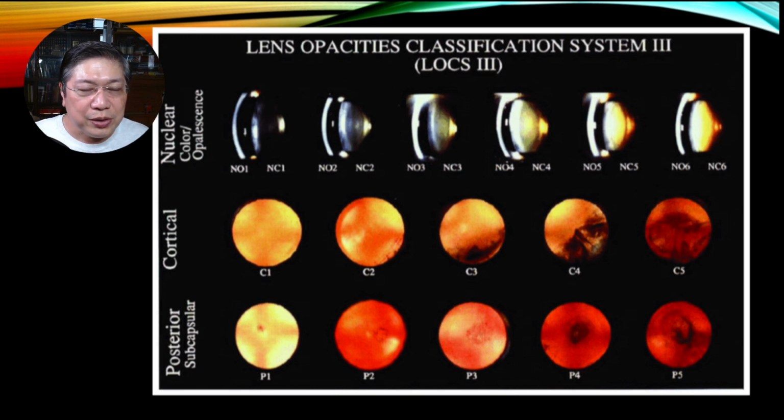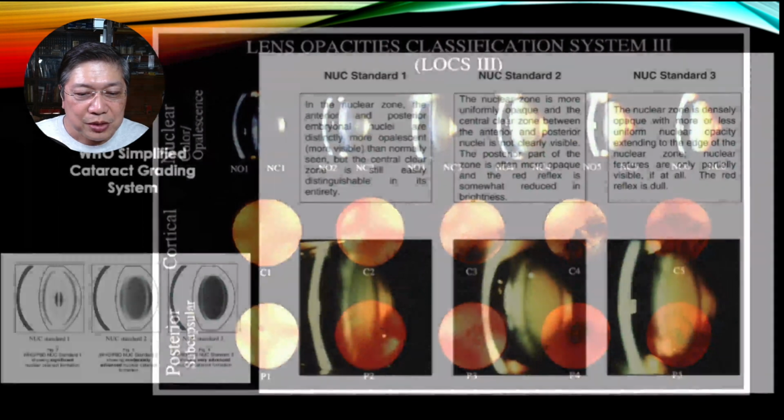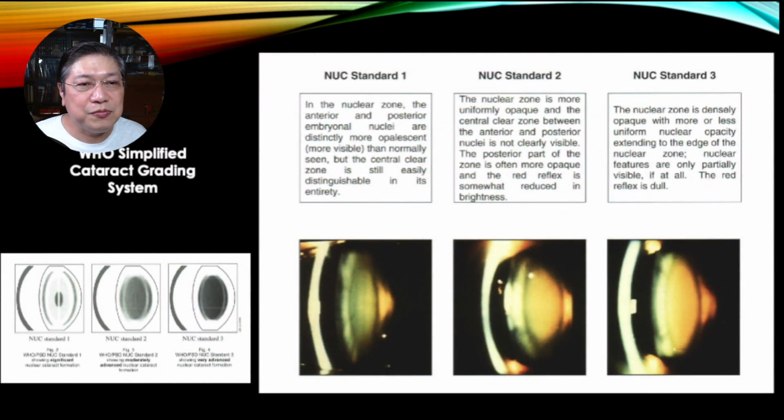Now, the WHO created a simpler version because the first part needs you to have a slit lamp or something to actually see the retroillumination of the patient. So this one came from the WHO. This is their simplified grading system. They actually have 2 more.